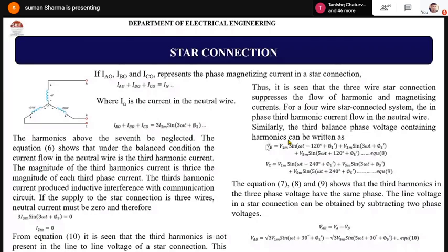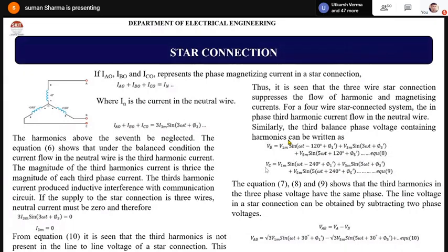VB, that is V1M fundamental component sin, VB is lagging VA by 120 degrees, so it is omega t minus 120 plus phi 1 dash. Third harmonic component, then fifth harmonic component.